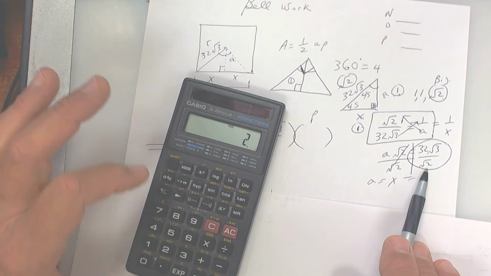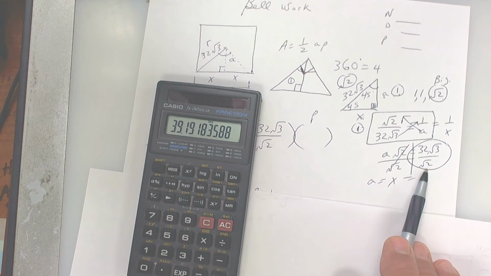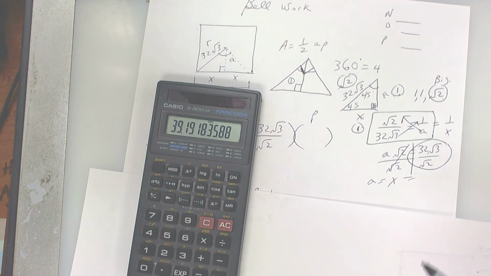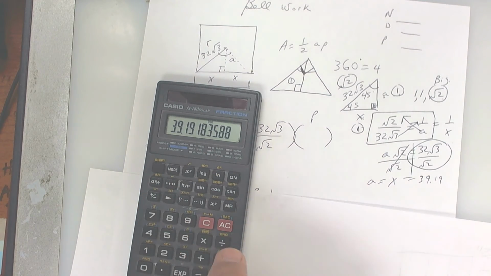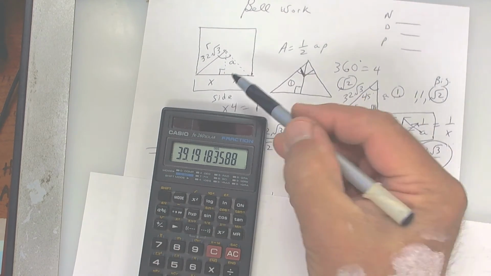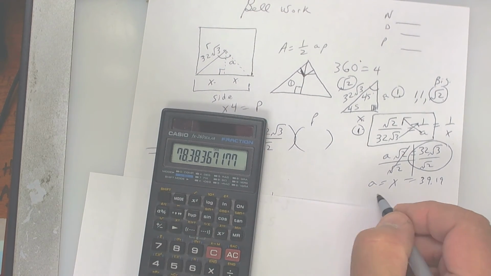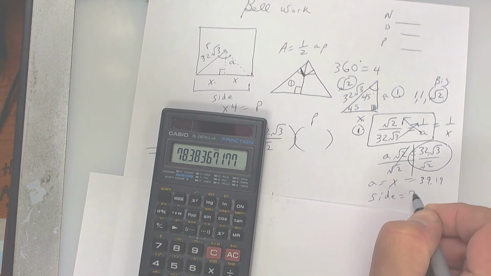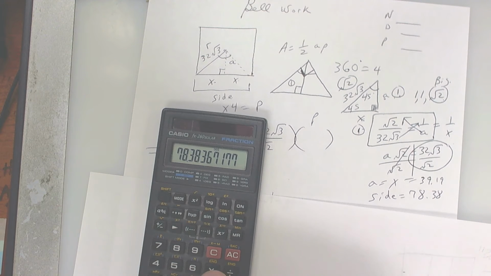Divide it by 2, shift, square root, press equals. So x is 39.19. But we're going to multiply that by 2 because you have 2 to make a side. So times 2. So the whole side is 78 and some change. But we're going to multiply that times 4 and get the perimeter.